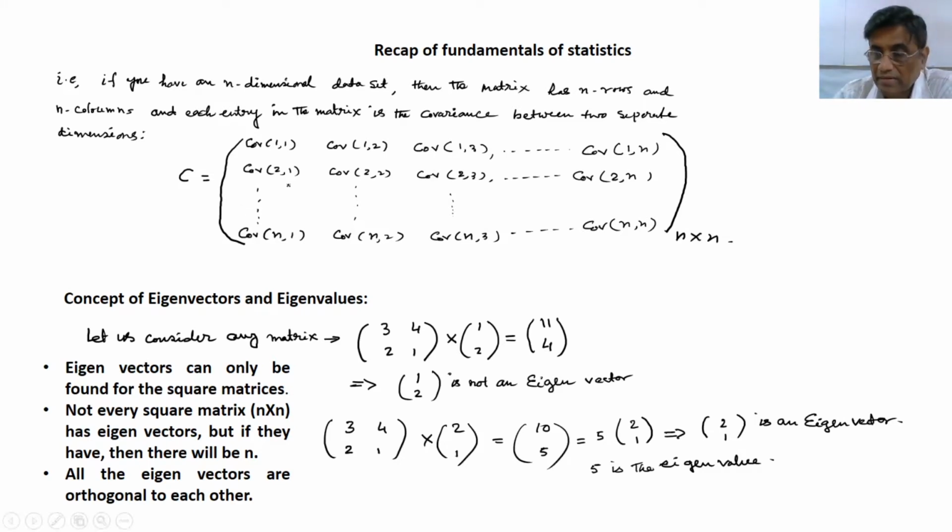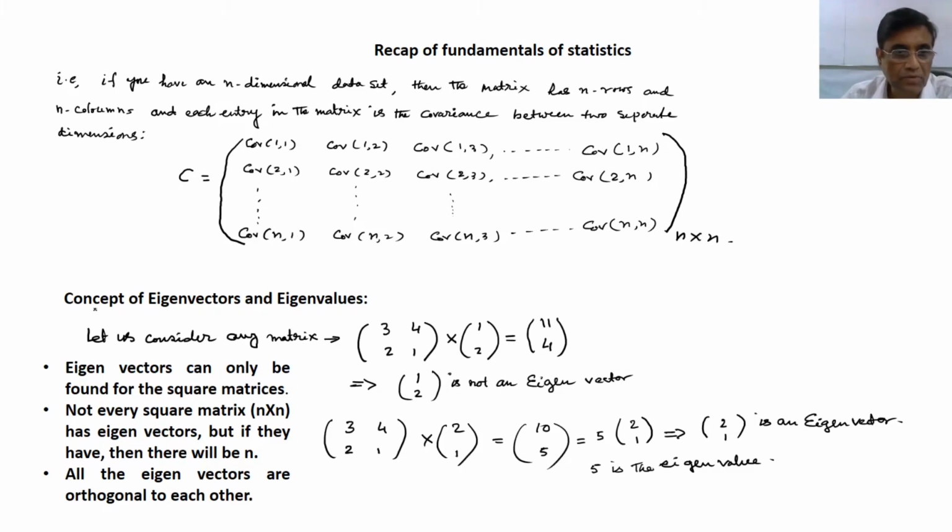If n is very large, you cannot visualize it, you can only conceptualize that the deviation of the data in each dimension can be captured with the help of a matrix called the covariance matrix, which is a square matrix, always a square matrix.